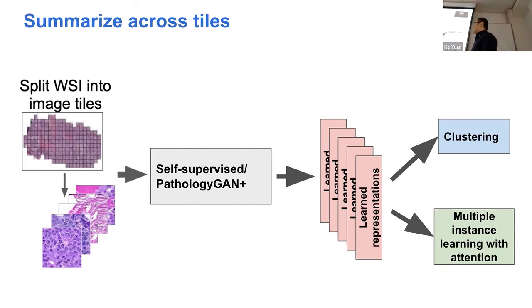Then you can use the representations through an attention network to use MIL to get a prediction. The other strategy that we see is trying to find clusters in those representations. Hopefully in a minute I can introduce how we see they are different and why we eventually opt for clustering rather than multiple instance learning.